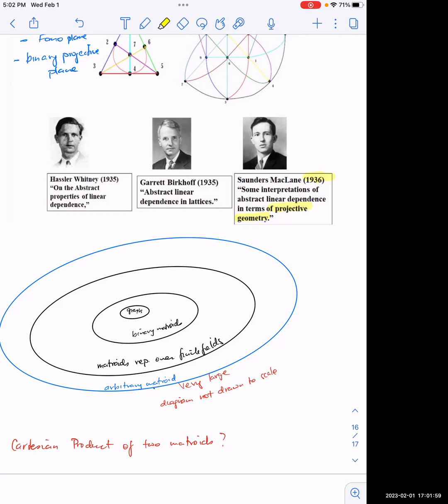So while matroids started in 1935, it's actually much older, because projective geometry, projective spaces, is a much older subject. In the next meetings, we'll talk about that.